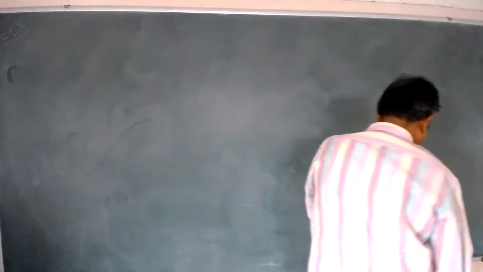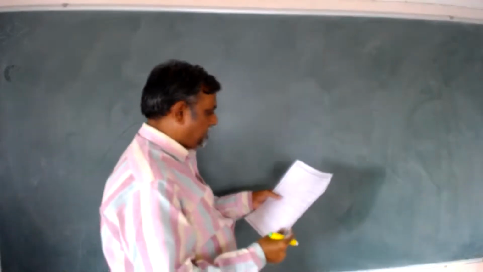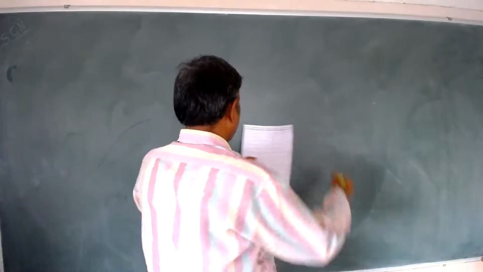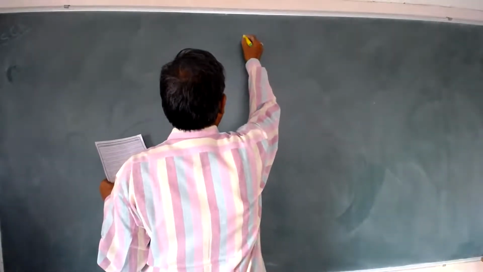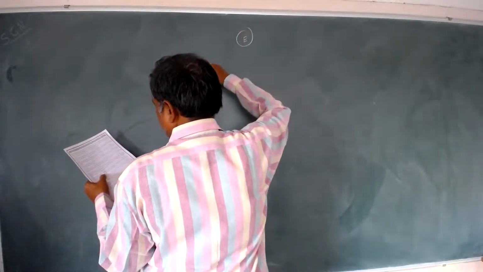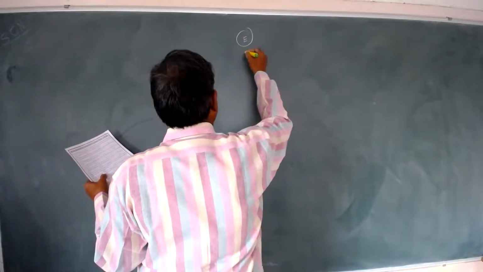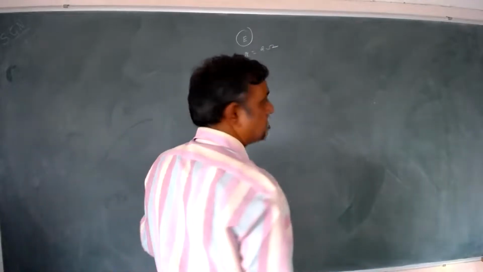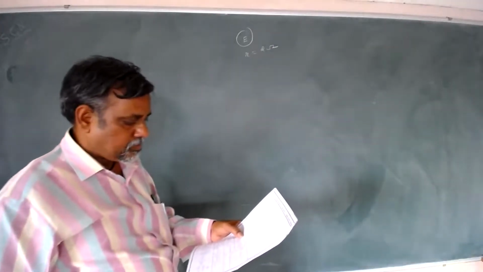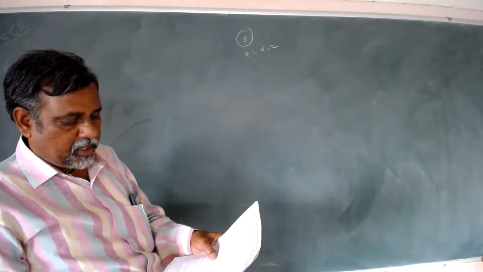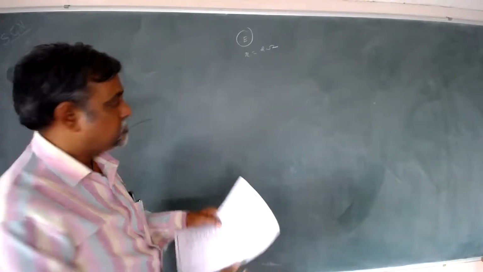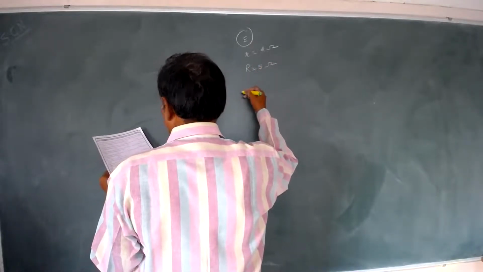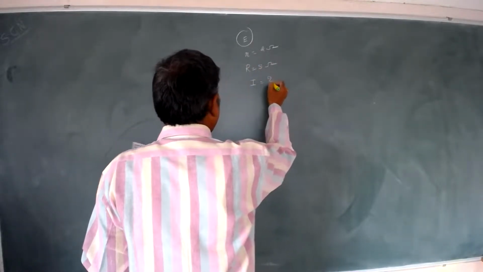Look at this. 6 cells each of EMF E and internal resistance 2 ohm. Each cell's electromotive force is E, each cell's internal resistance r is equal to 2 ohm, connected in parallel across an external resistance, capital R equal to 5 ohm. What is the current delivered by the battery? I is equal to how much?